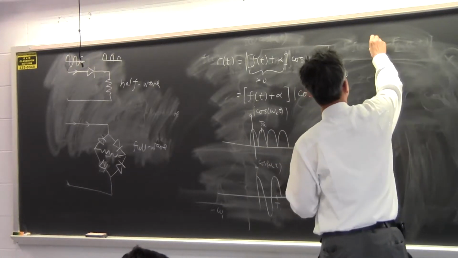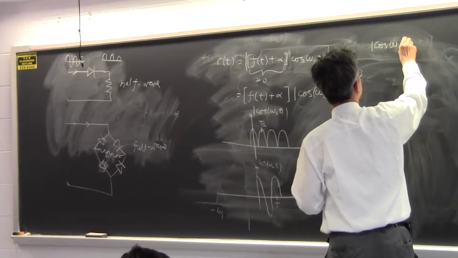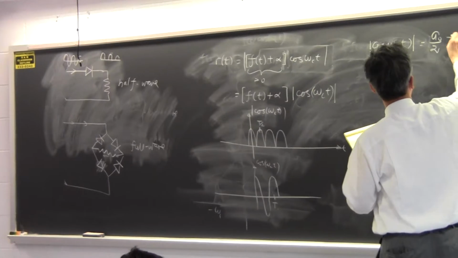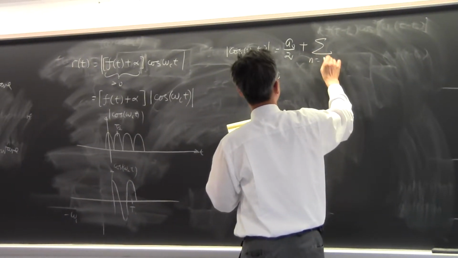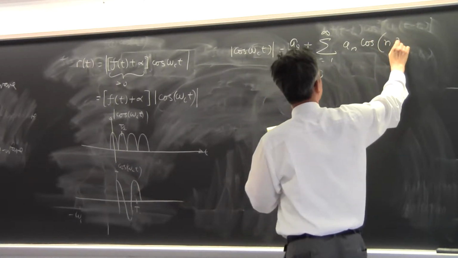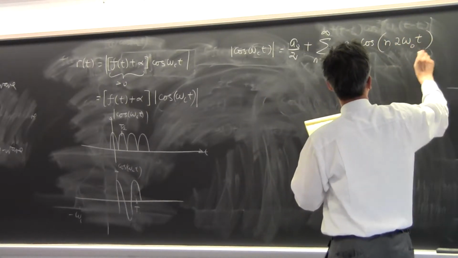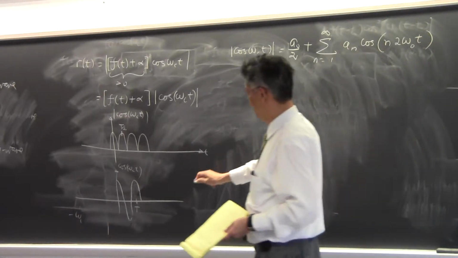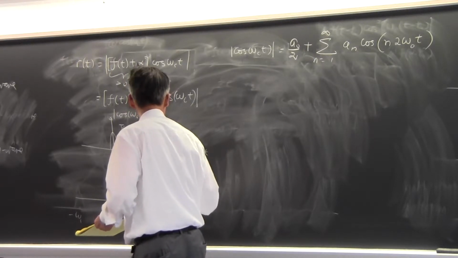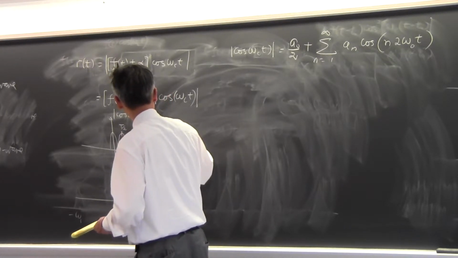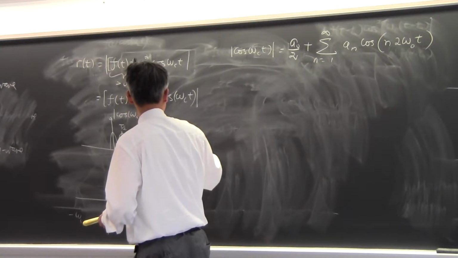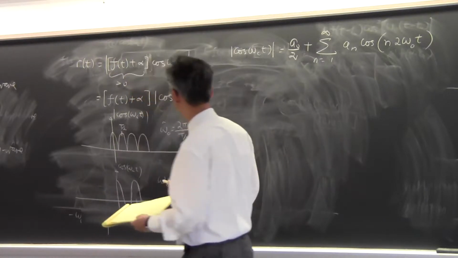Okay, the answer is that this one can be Fourier analyzed. It has a DC term, and then it would have the Fourier harmonics from 1 to infinity, a_n cosine of n 2 omega naught t. 2 omega naught because if this thing has the frequency of 2 pi over T, this one will have a harmonic of 2 pi over T over 2, which is 2 omega naught.